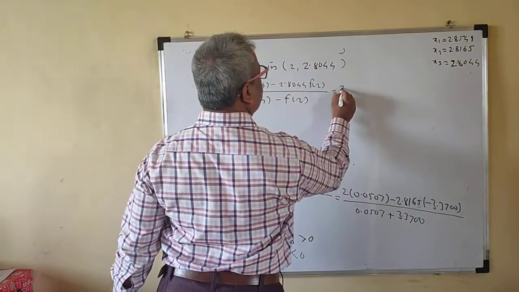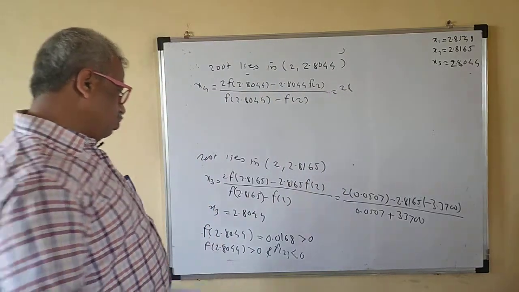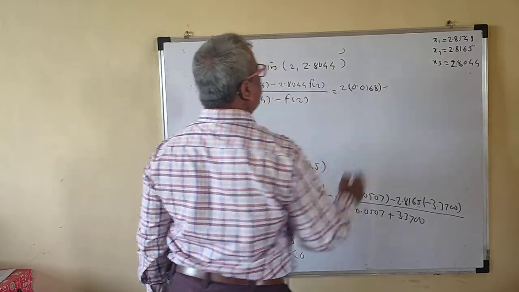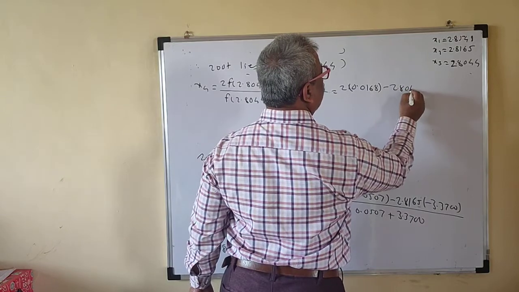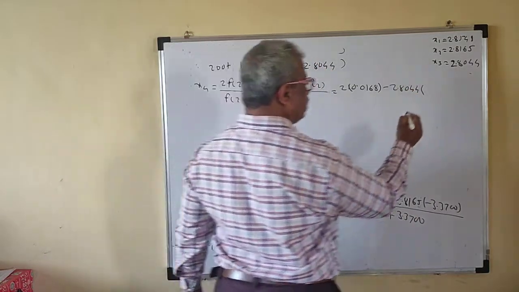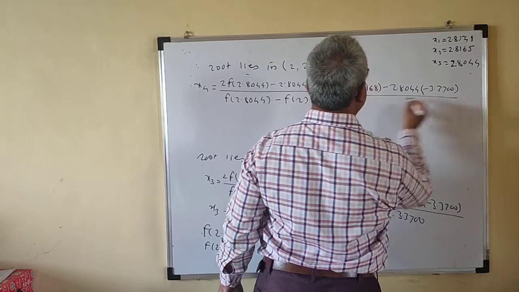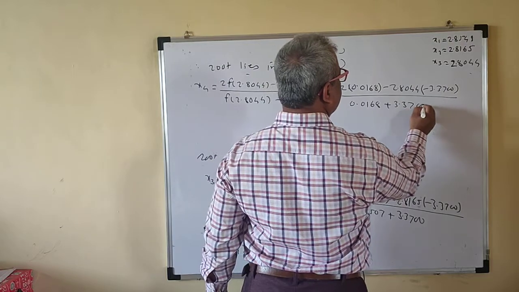So this is equal to 2 into 0.0168 minus 2.8044 into minus 3.3700, upon 0.0168 plus 3.3700.